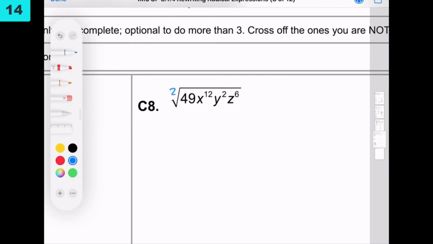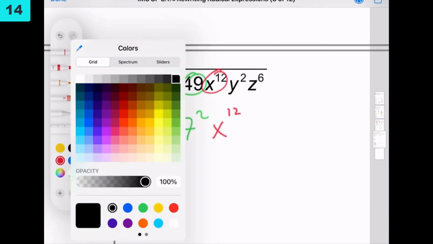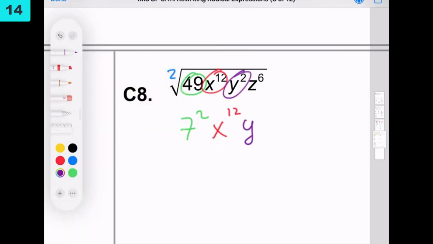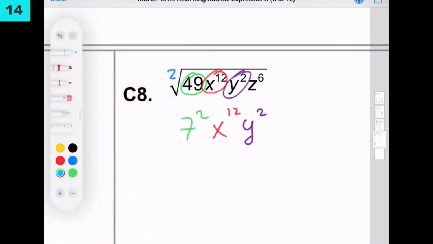I have 2 here. 49 is going to become 7 squared. X to the 12th. Let's use some of my other colors. Y squared. And Z to the 6.